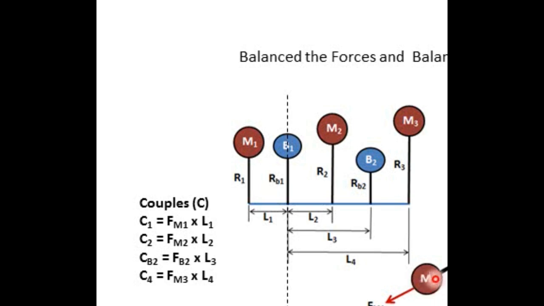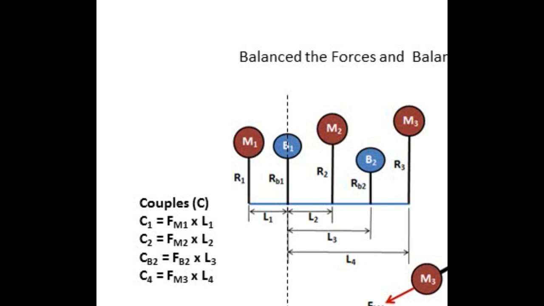The unbalanced mass m3 is known, and the radial distance from the axis of rotation is known, therefore Fm3 is known. The only unknowns are the balancing masses b1 and b2.